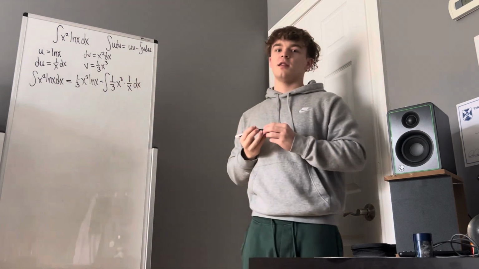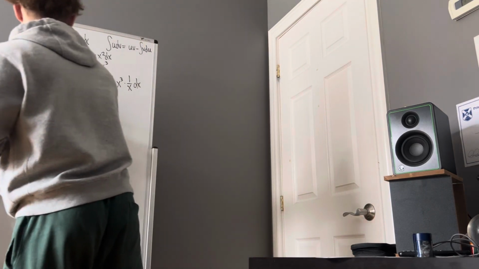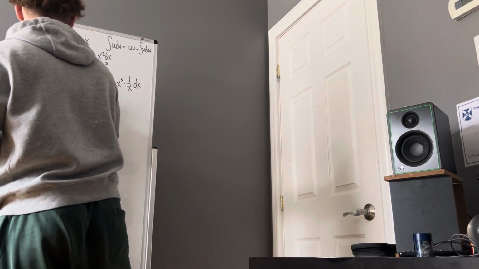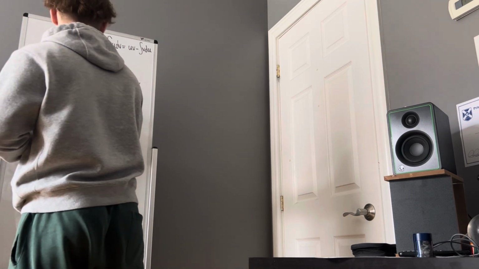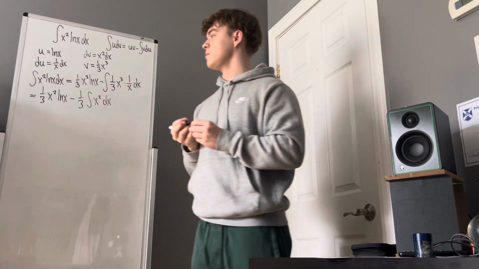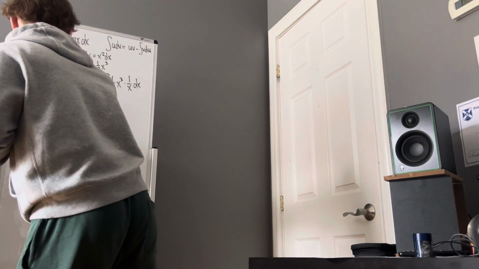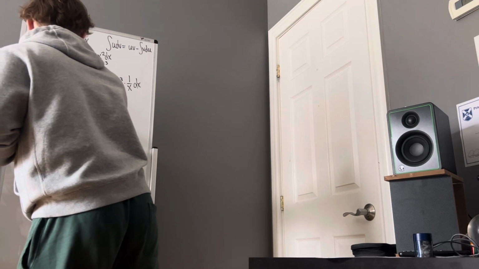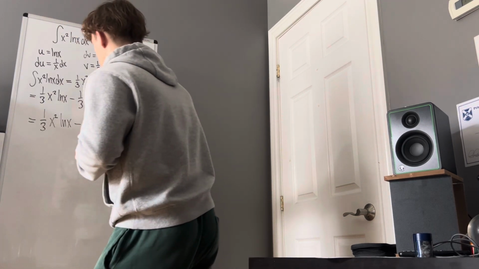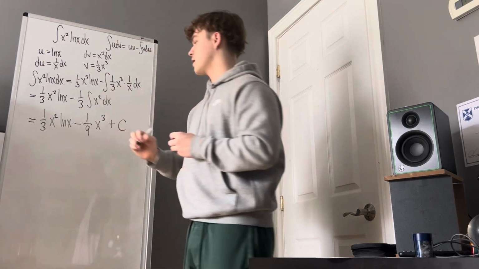And now we see this becomes a lot simpler. This equals 1 over 3 x cubed ln x minus, let's take the 1/3 out, the integral of x squared dx. Easy stuff, just a power rule. 1 over 3 x cubed ln x minus 1 over 9 x cubed plus c. And that's where we add our plus c.